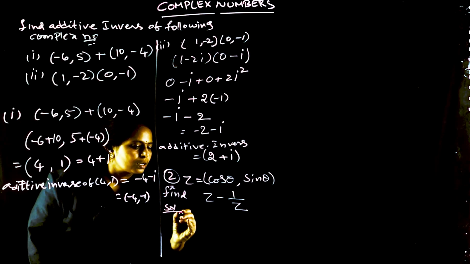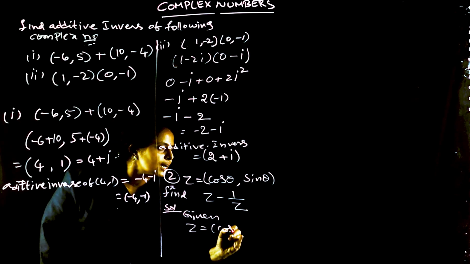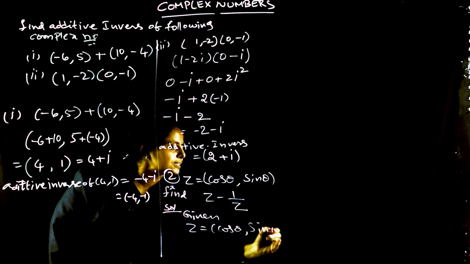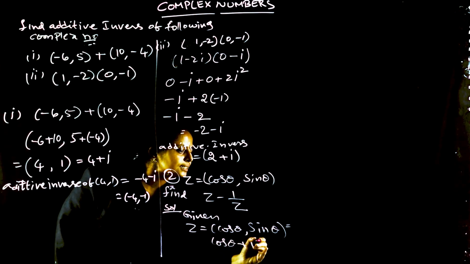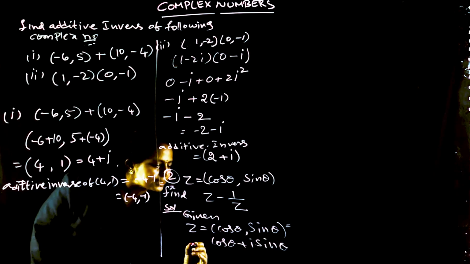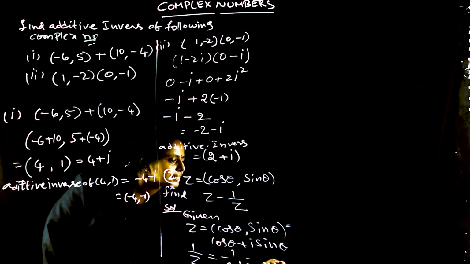So given z is equal to cos theta comma sin theta, that is cos theta plus i sin theta. Then what will be 1 by z? 1 by z will be equal to 1 by cos theta plus i sin theta.